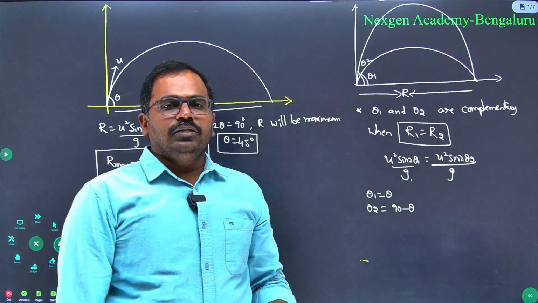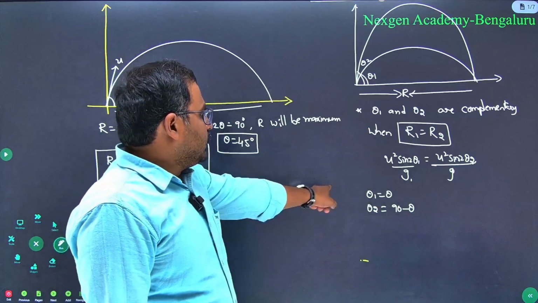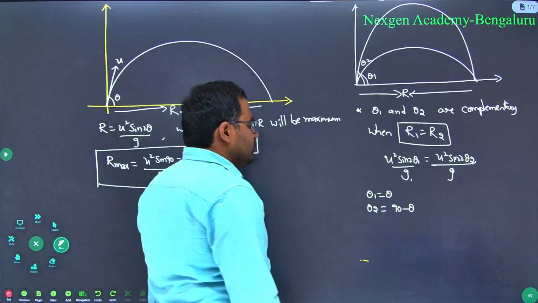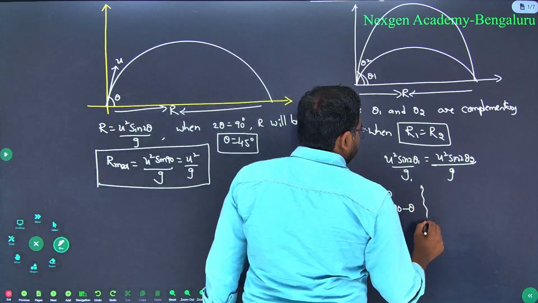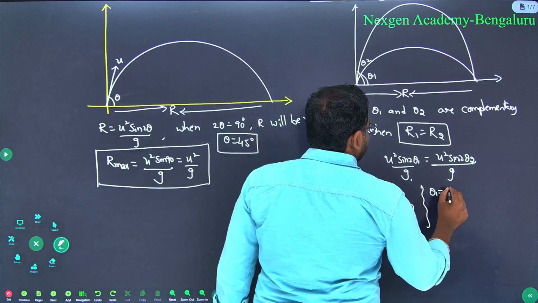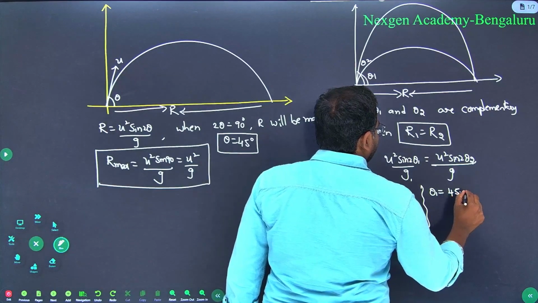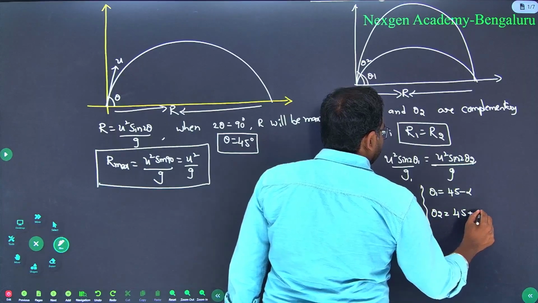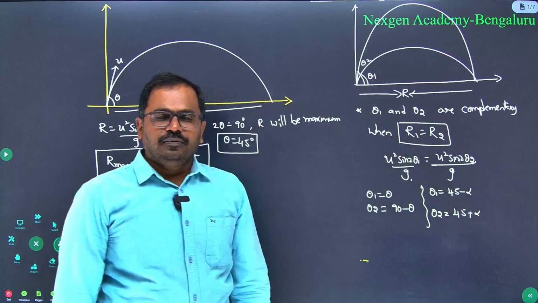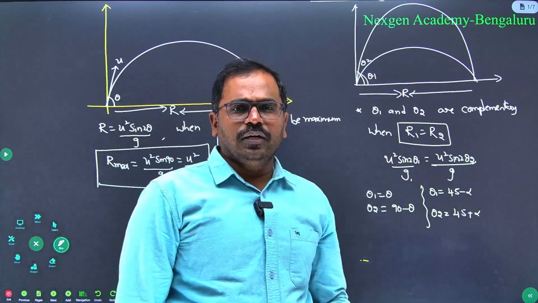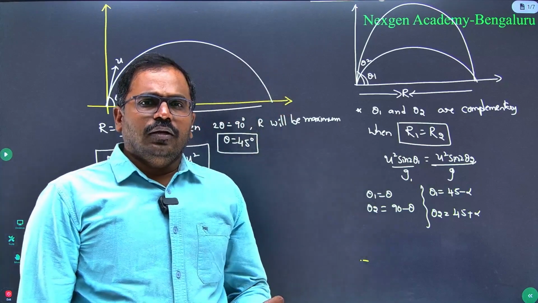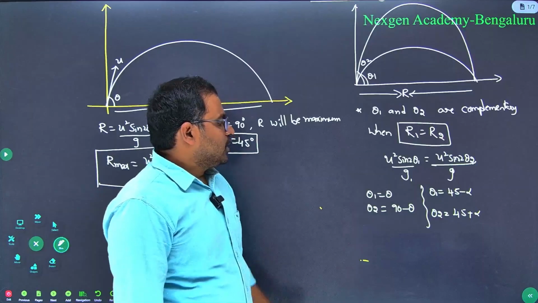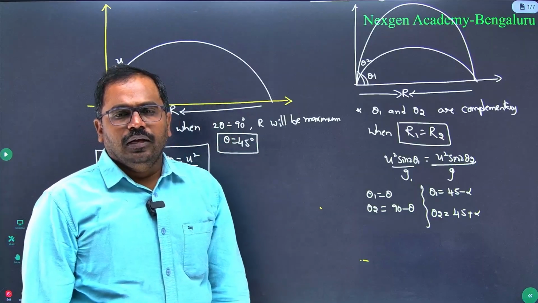So R1 is equal to R2 for angles theta 1 equal to theta and theta 2 equal to 90 minus theta. Also, theta 1 is equal to 45 minus alpha and theta 2 is equal to 45 plus alpha. These are the two sets of values for complementary angles. So for a given velocity, horizontal ranges are the same for these two kinds of angles. Those are called complementary angles. Okay, right.